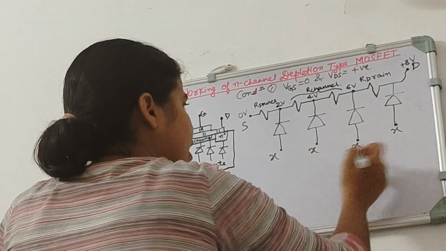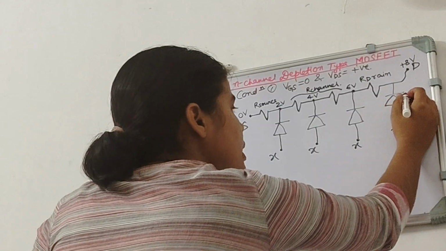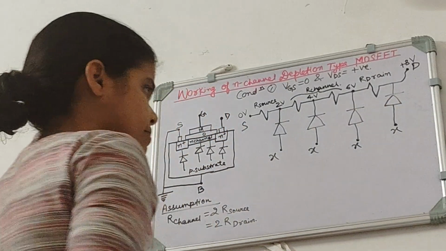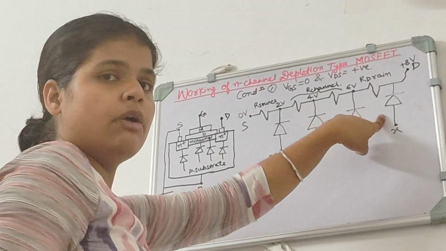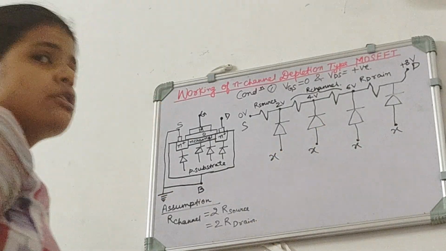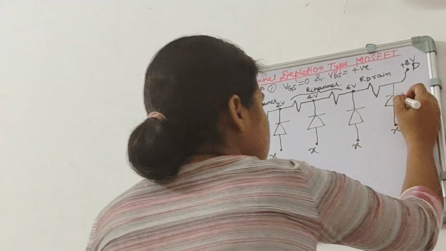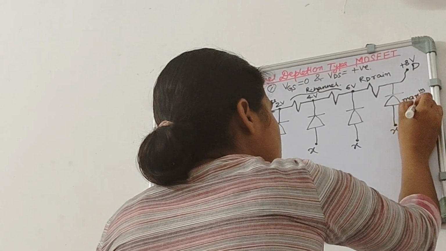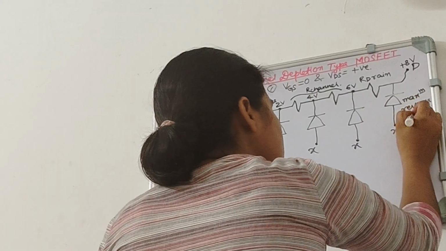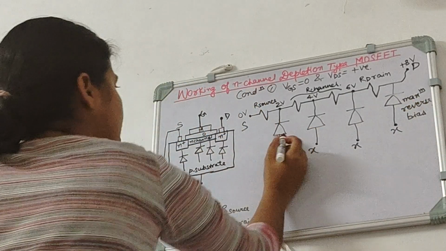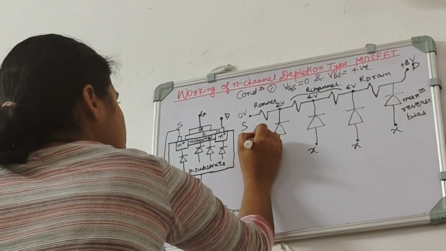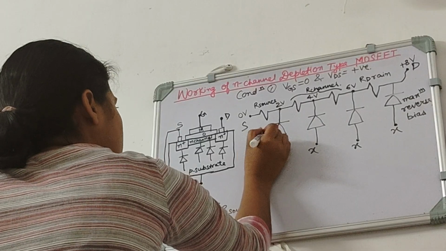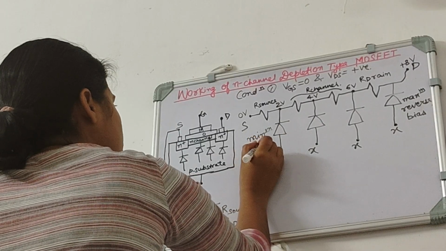So it will have X voltage. Now we can see that this diode will have the maximum reverse bias compared to other diodes, and this diode will have minimum reverse bias compared to other diodes.